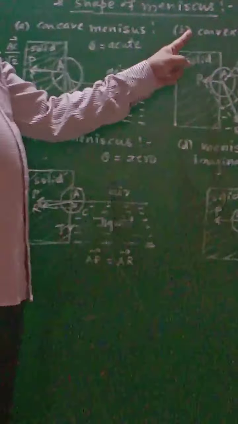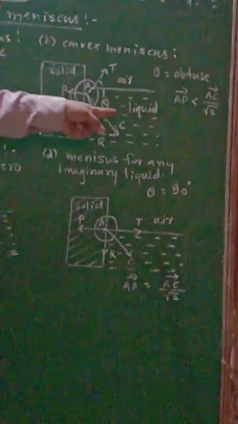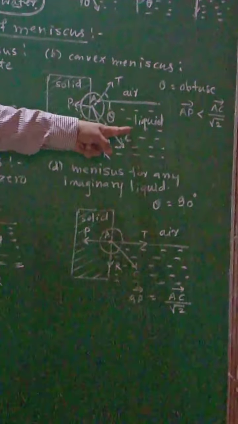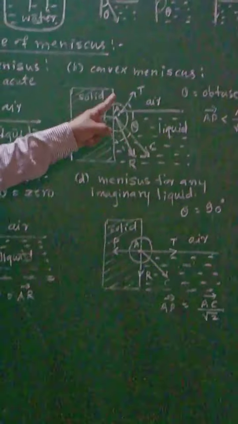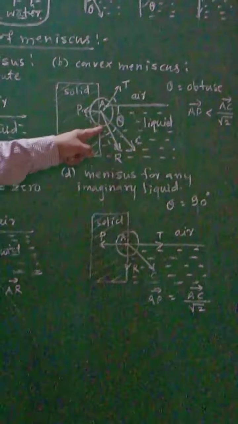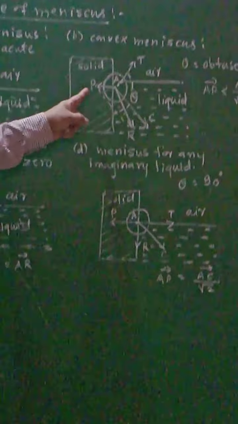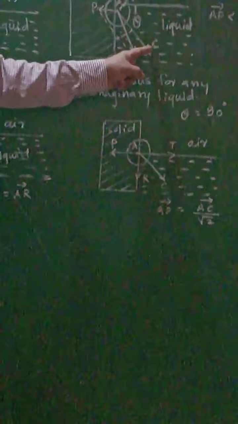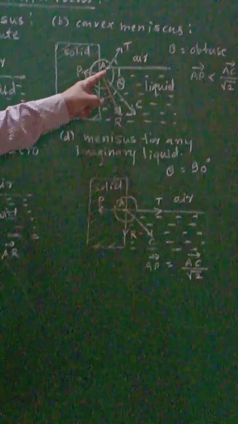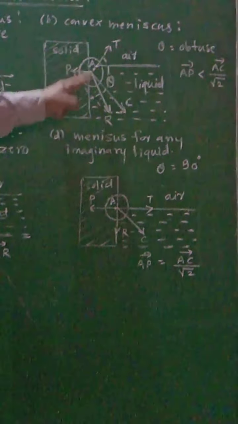Now go for second, B, that is convex meniscus. In this case we have considered a liquid which does not wet the given solid. Again, the different forces acting on it are the adhesive and cohesive forces, but as the liquid does not wet the given solid, the cohesive force AC will be very large as compared with the adhesive force AP.